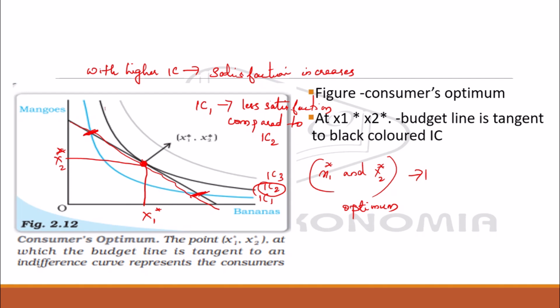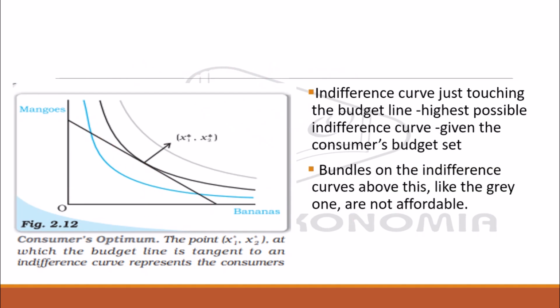So this is the optimum point. Here the budget line is tangent to the black colored IC, or your IC2, and let this particular point be the equilibrium point E. Here the IC is just touching the budget line given the consumer's preference and budget set, isn't it?